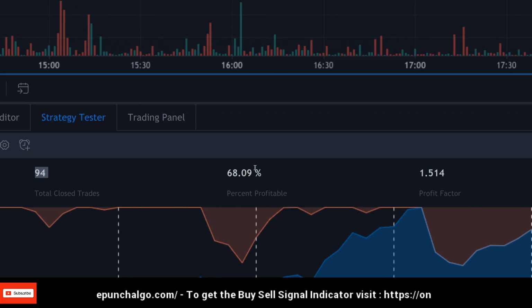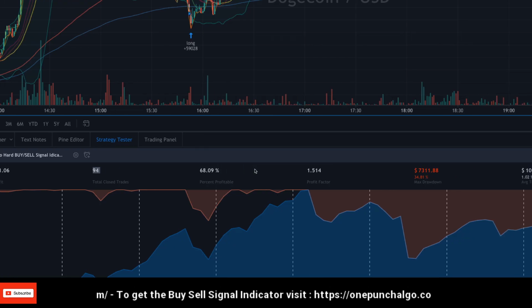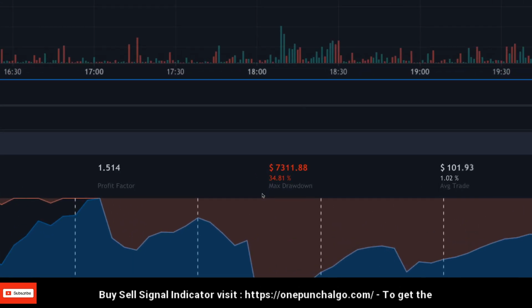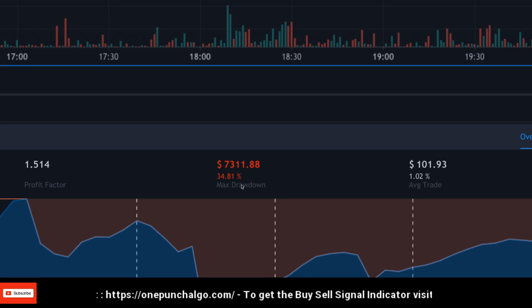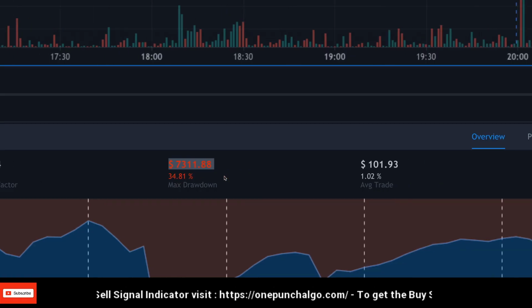All right, so this here, max drawdown means if you were to use OnePunch algo without the stop losses and all, this is going to be your max drawdown for 1 minute. This will change with other minutes, but hang around, I'll explain how it works.